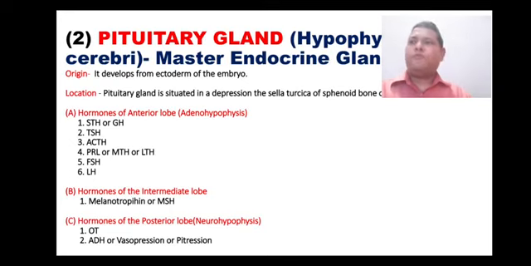Hormone number 4, PRL or MTH or LTH, prolactin hormone or mammotropin hormone or leutotropic hormone.